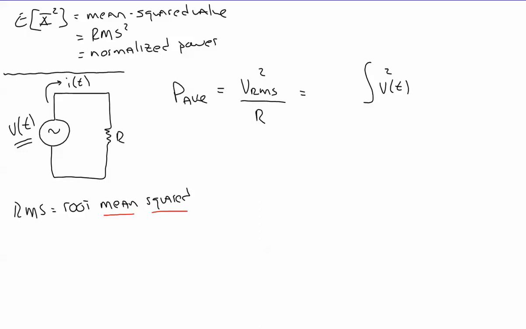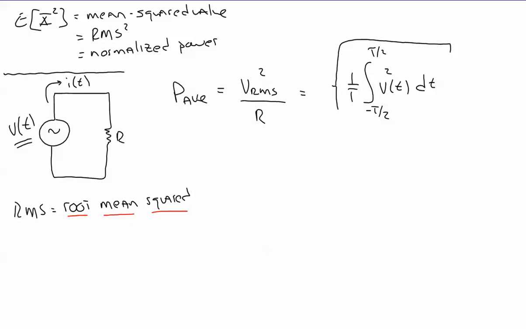Integral from minus T over 2 to T over 2. I integrate, and I divide by my window of observation, capital T. And then I find the square root. I undo all of that. The last thing I do is take the square root. That's what that means. The RMS value of V as a time-varying function is its DC equivalent.